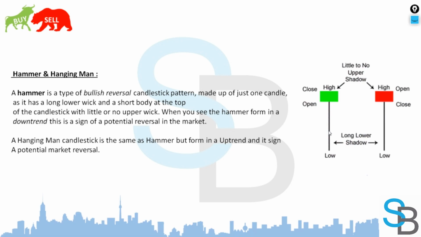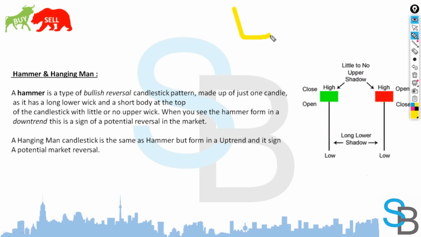When you see the hammer form in a downtrend, this is a sign of a potential reversal in the market. A hanging man candlestick is the same as a hammer but forms in an uptrend, and it's a sign of a potential market reversal. So we name it a hammer if we find this candlestick in a downtrend.